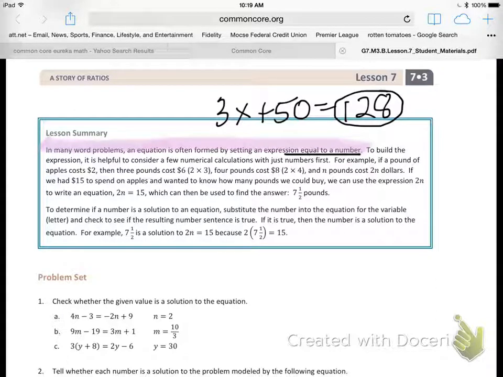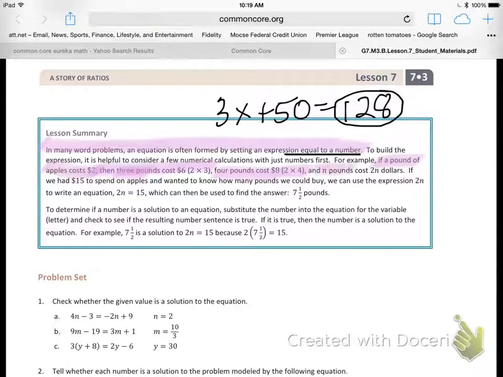To build the expression, it is helpful to consider a few numerical calculations with just numbers first, and that's kind of what we've done here. For example, if a pound of apples costs $2, then 3 pounds costs 2 times 3, which is 6. 4 pounds costs 2 times 4, which is 8.